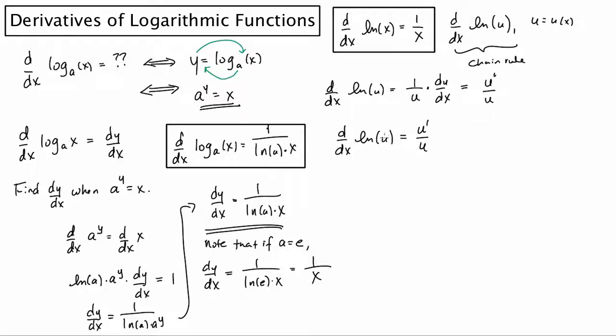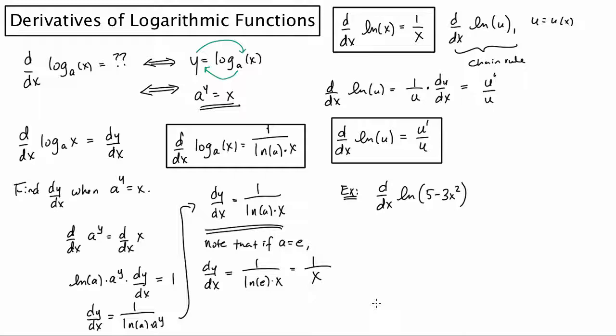This is the quick and easy way to take the derivative of functions involving the natural log where chain rule plays a role. And so just as a very quick example of this, what is the derivative with respect to x of the natural log of 5 minus 3x squared?